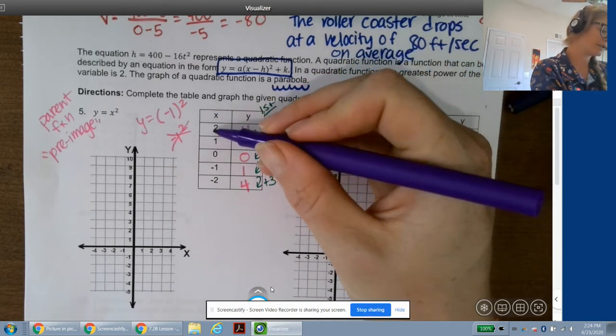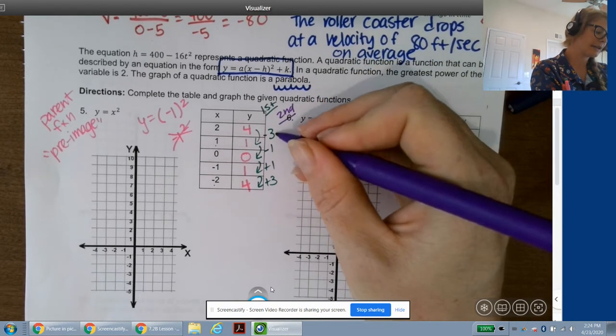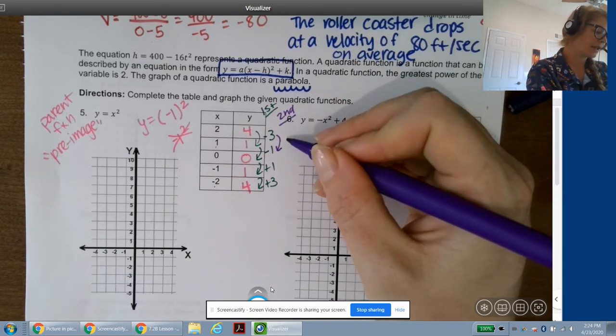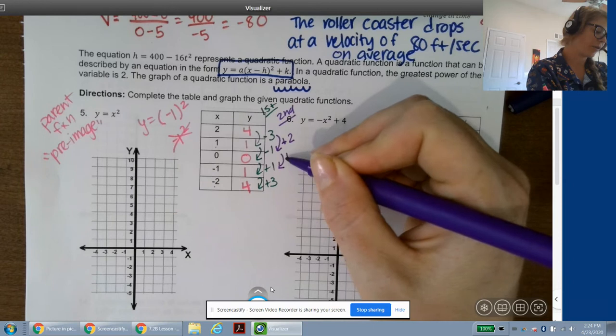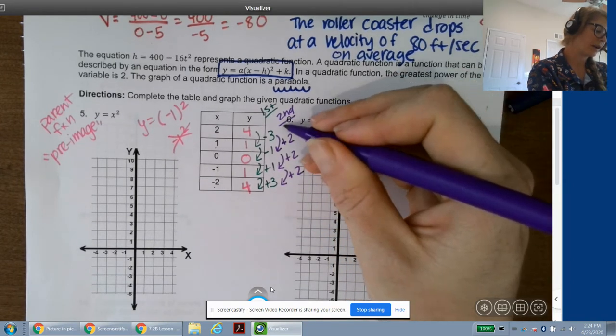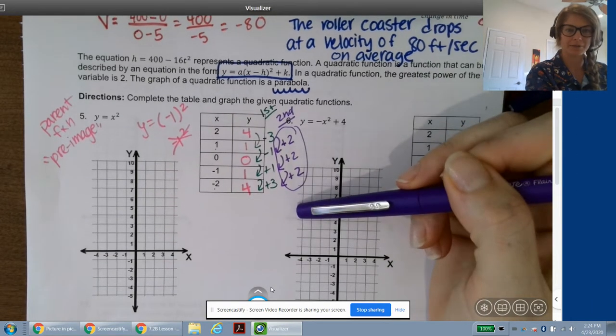But if we look at our second difference, -3 to -1, we're adding 2. -1 to +1, we're adding 2, and 1 to 3, we're adding 2. Because we have a constant second difference, that is a huge telltale that this is a quadratic function. Quadratic functions have constant second differences.